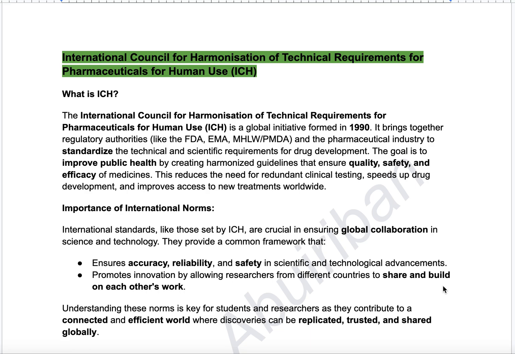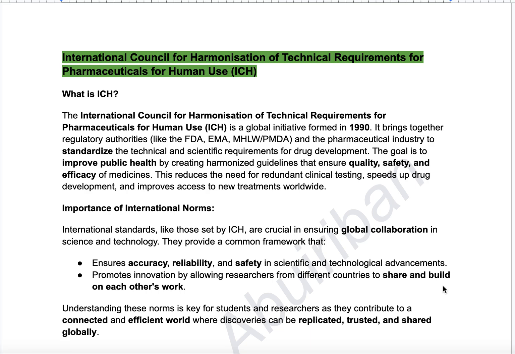It brings together regulatory authorities like FDA, EMA, MHLW, PMDA, and the pharmaceutical industry to standardize the technical and scientific requirements for drug development.